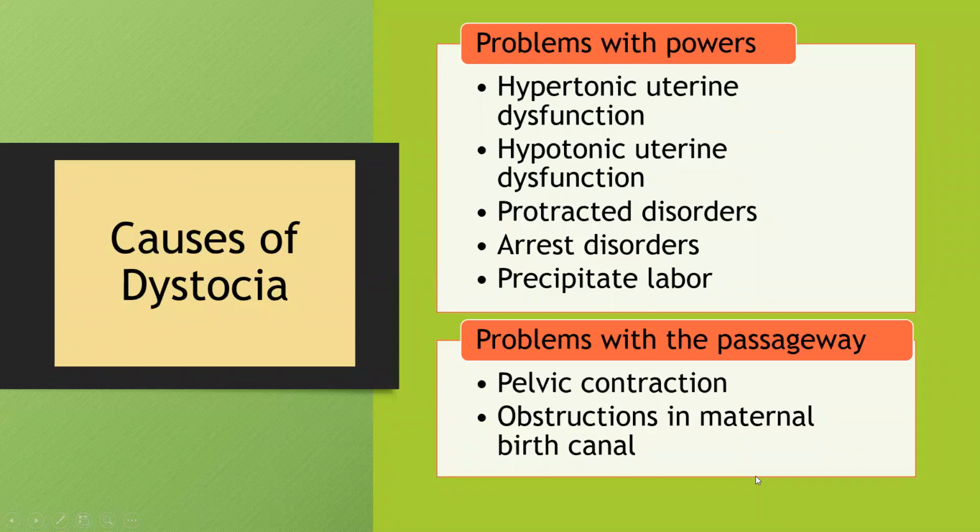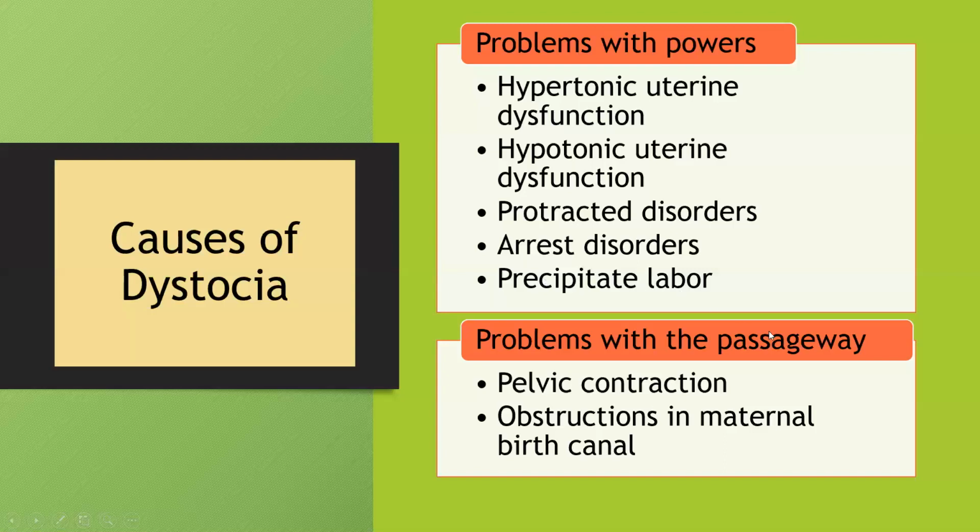And what they find is sometimes these medications are so strong that they cause hypertonic uterine contractions, which can be detrimental to that baby. Protracted disorders, arrest disorders, precipitous labor. Precipitous labor is labor that happens within 3 hours from start to finish. And even though that sounds like a good idea, everything is happening so fast that baby doesn't really have a lot of time to get into the most optimal position. So we see more shoulder dystocia and more hemorrhage following precipitous labor.